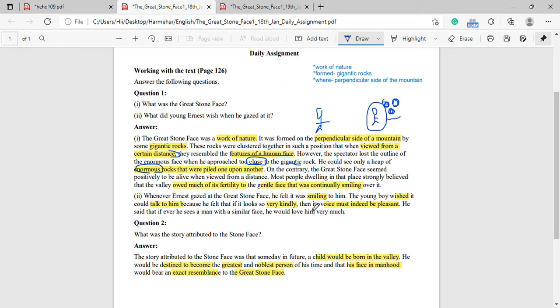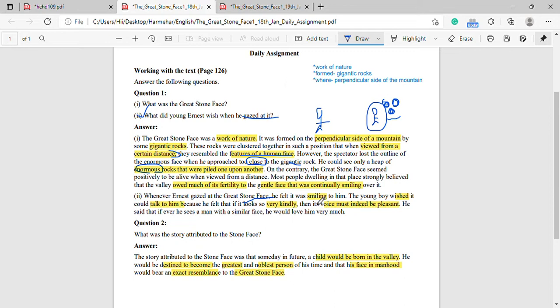Next question is, what did the young Ernest see when he gazed at it? What did he wish? Whenever Ernest gazed at the Great Stone Face, he felt like it was smiling at him.